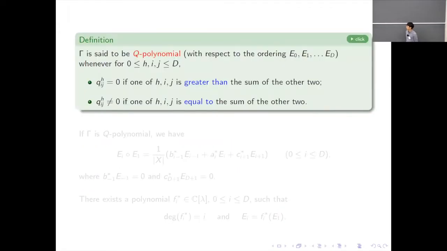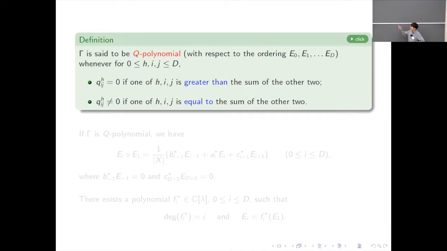Now I introduce the Q-polynomial property. Our distance regular graph gamma is said to be Q-polynomial with respect to the ordering E_0, E_1 through E_d whenever our Krein parameters satisfy these triangle inequalities. Actually, this concept is the dual version of the P-polynomial property.